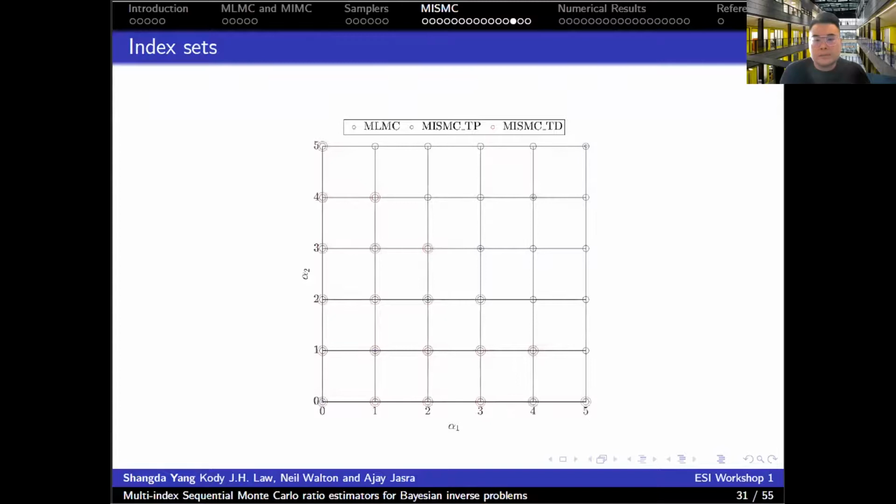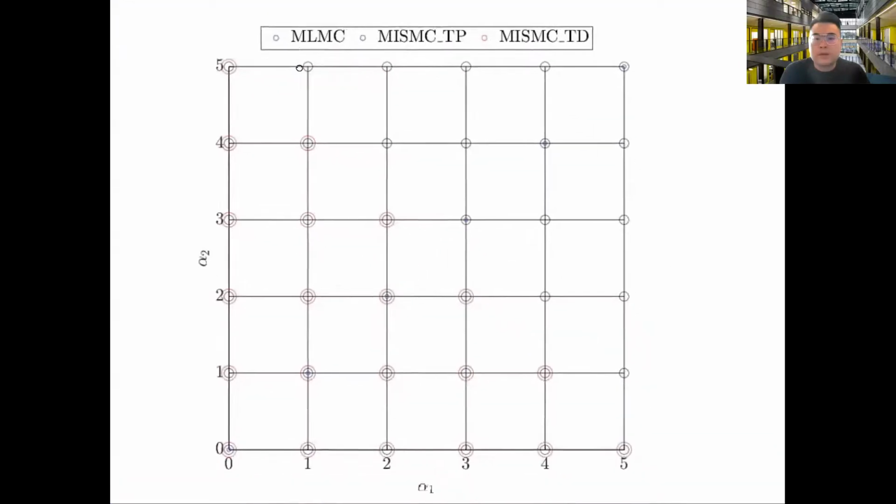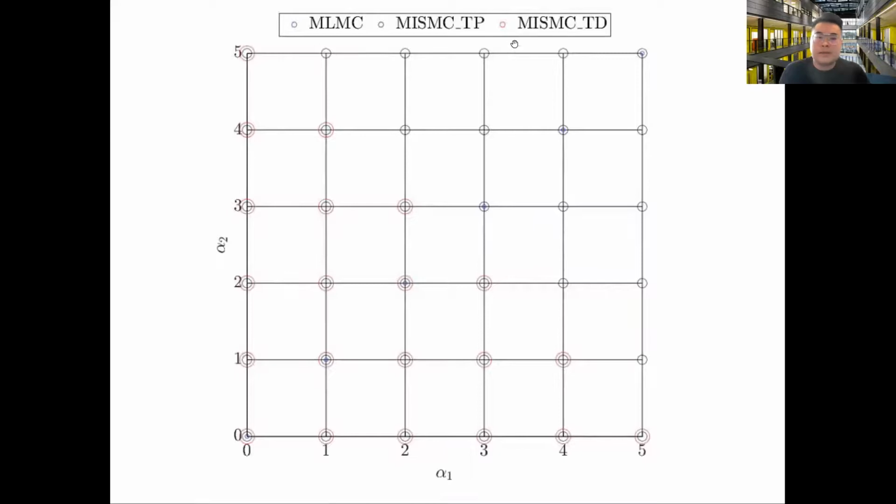So what is the TD set and what is the TP set? The TP set is all the black circle points along these multi-indices, and the TD set is the points with the red circle. So we can see that with the TD set, we get rid of the more computationally complex points over here, and only use the left triangular points.